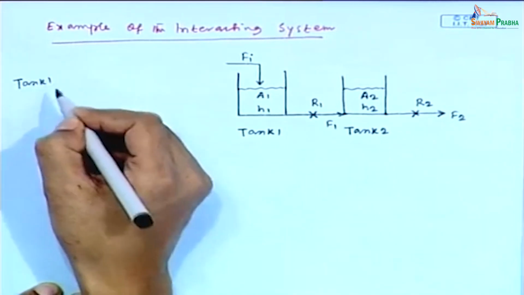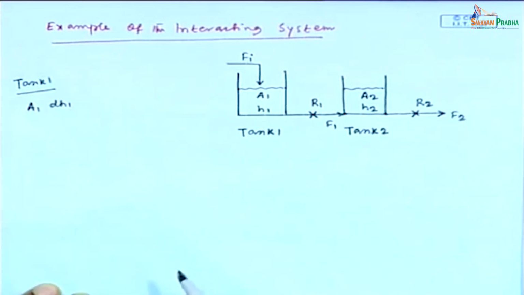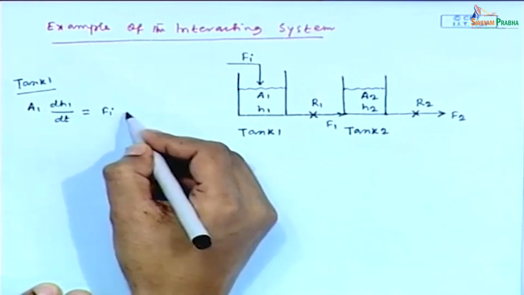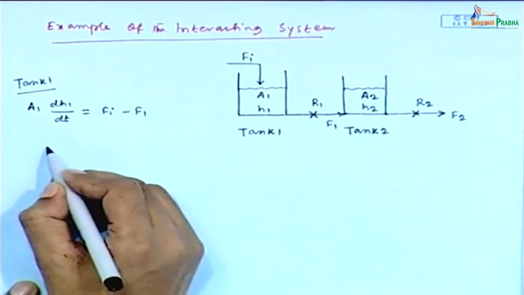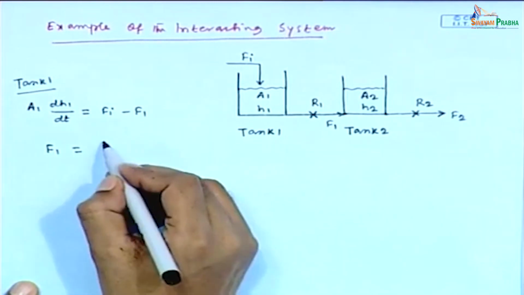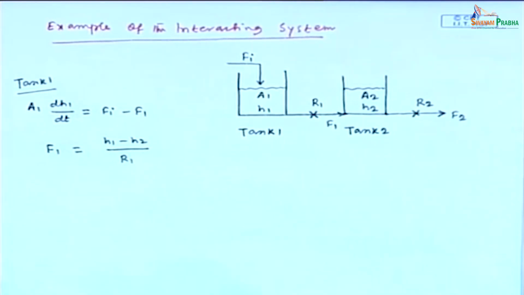So, the modeling equation for tank 1 we can write in this form: A1 dH1/dt equals Fi minus F1. What is F1 here? What is the relationship of F1? F1 equals (H1 minus H2) divided by R1. Since H1 is higher than H2, that is why there is a flow.